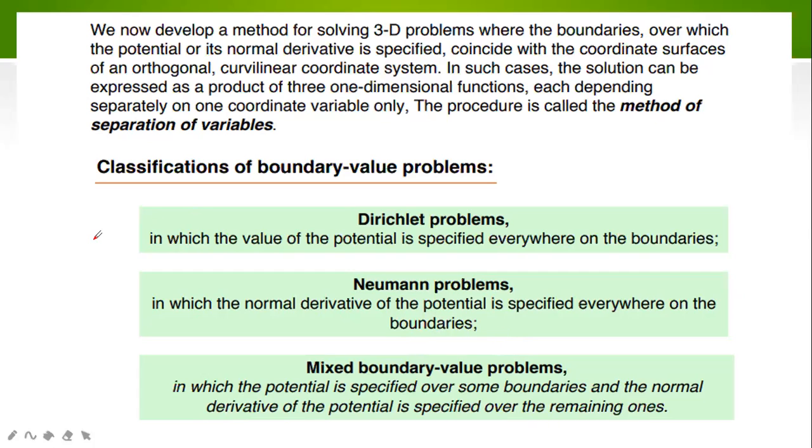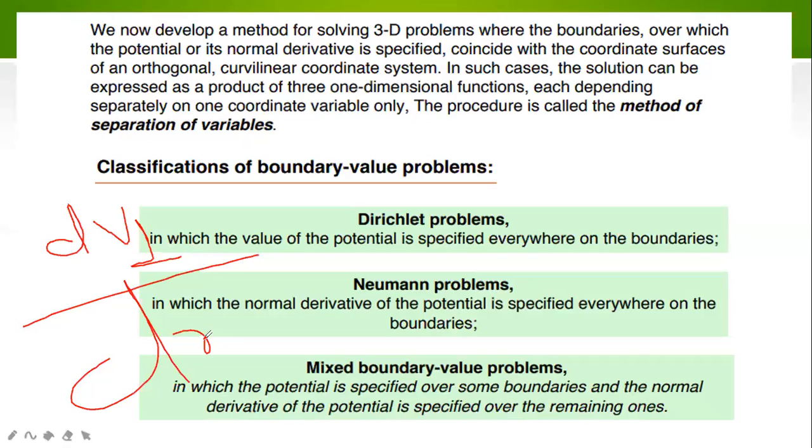Like we calculate the V perpendicular at any boundary, like dx here. So if x is equal to a, then we just take the limit at x equal to a. Okay, so this is your Neumann problem.